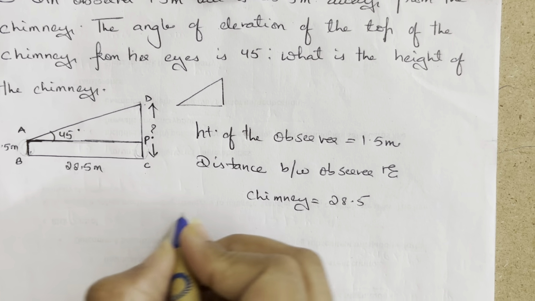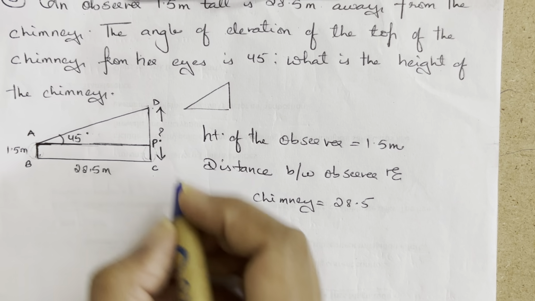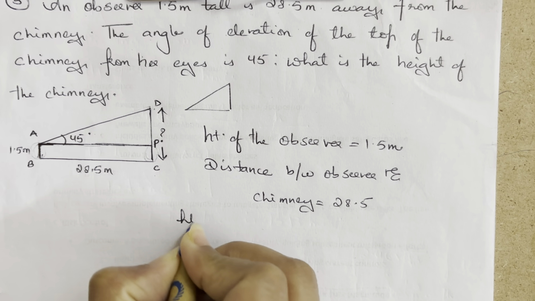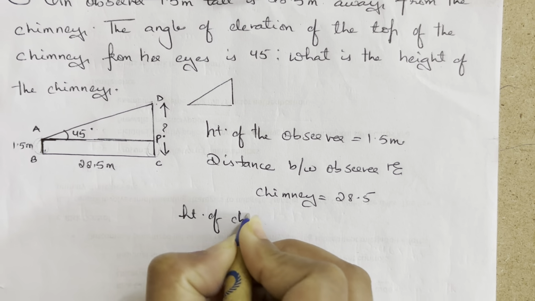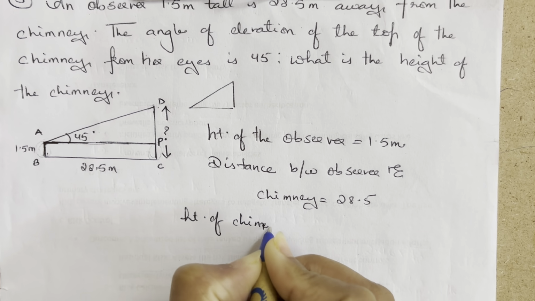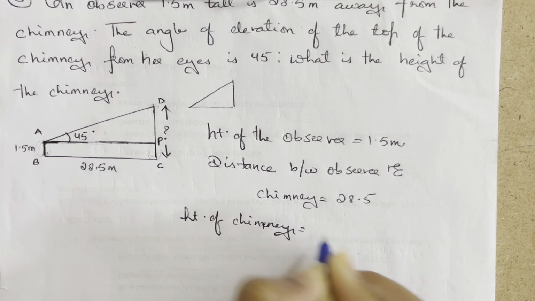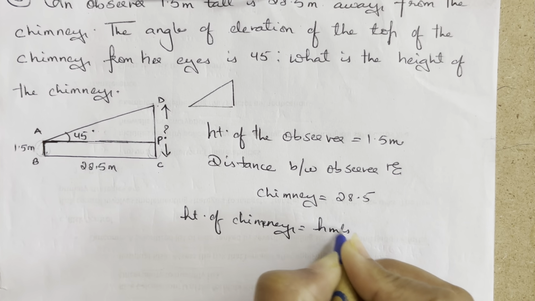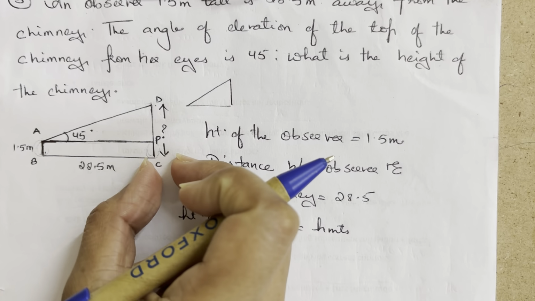So we'll consider the height of DP is equal to the height of chimney. We will write, because this is what is being asked, chimney is what I'm supposed to find. Chimney is equal to h meters, and this is the complete height that we're talking about.